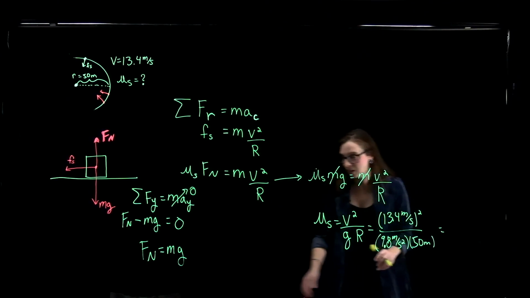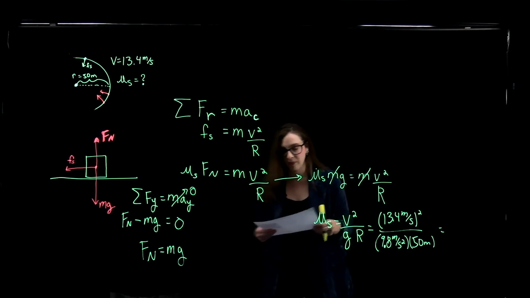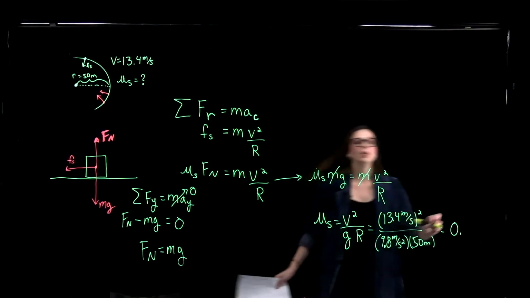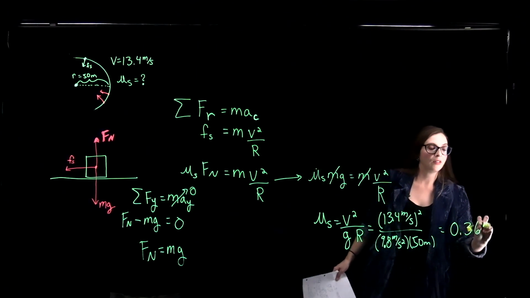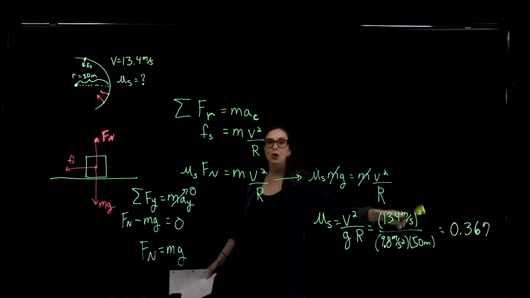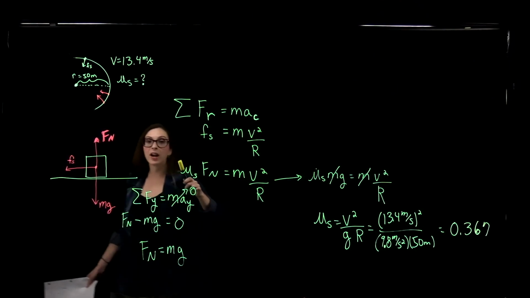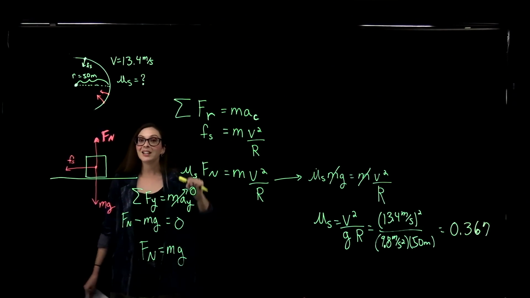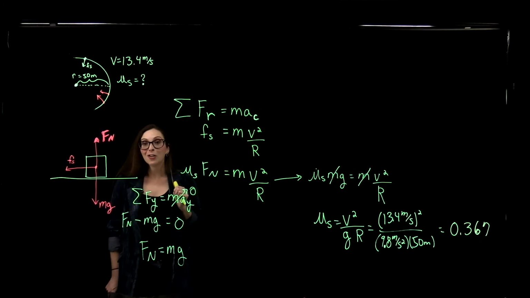And then that all equals 0.367. So we need at least a coefficient of static friction of 0.367 between the car tire and the road in order for us to execute this circular curve without sliding out.